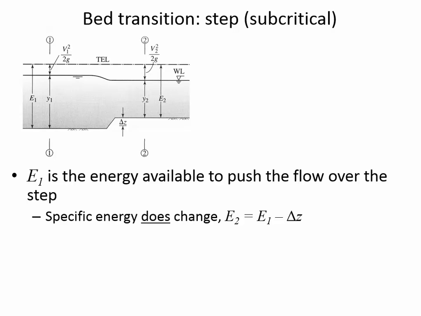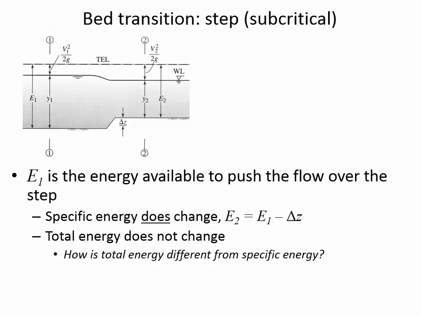And how are you going to remember that? Well, you could either just memorize it or think through it logically that there's going to be less energy at 2 than there was at 1 because the water's having to get up over that obstacle delta Z. So E2 is going to be lower than E1 was. The total energy doesn't change. You see that line up on the very top there is constant.